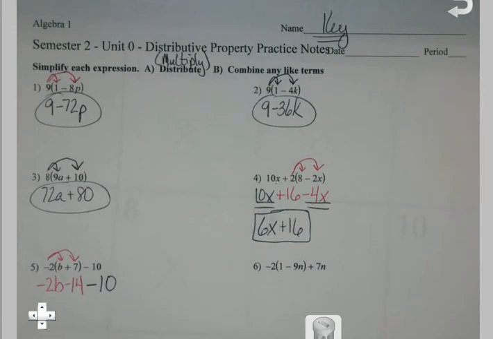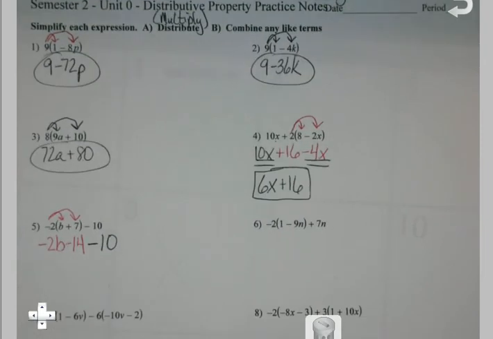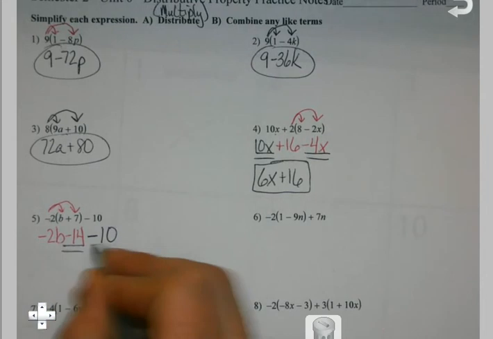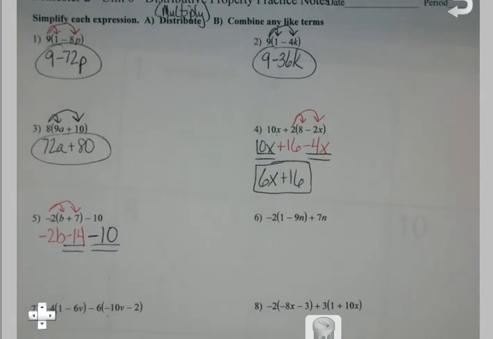Do I have like terms this time I can put together? If so, what are they? Absolutely. And again, I always like to look at these like I look at money, because we all know how to do stuff with money. If I owe somebody 14 bucks and I borrow another 10, that's not going to make it better for me. It's going to make it worse.